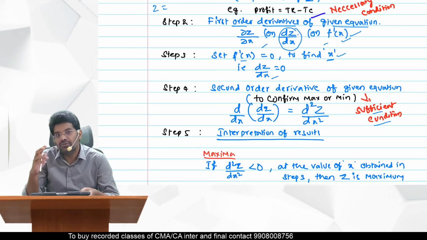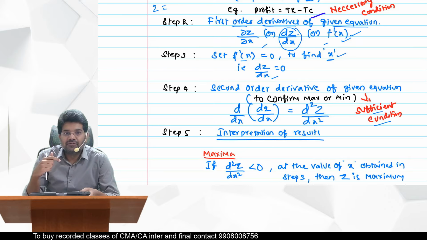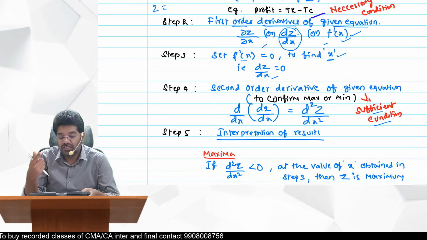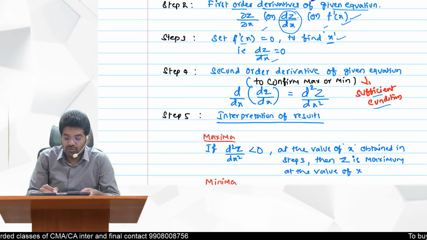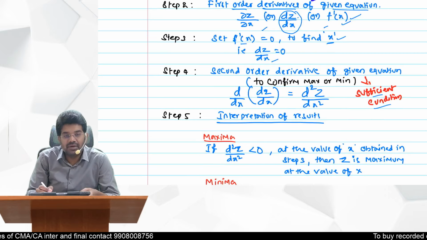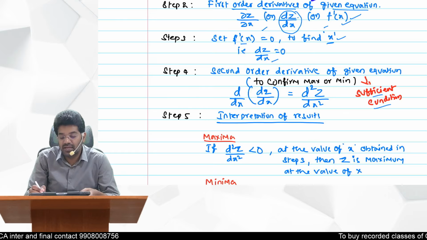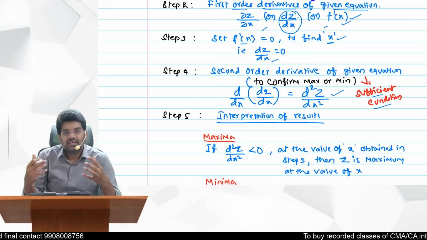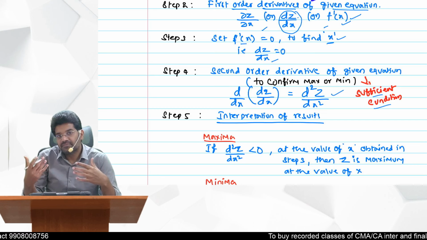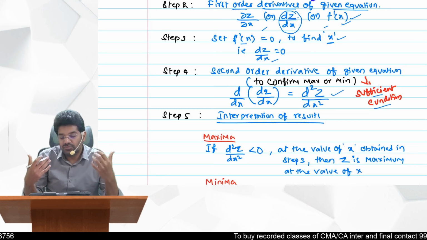That means second time you should do differentiation on step number 2. So you express it as d by dx of dz by dx, that is d square z divided by dx square. This is the second time we are doing it.